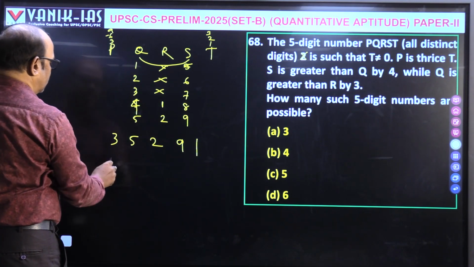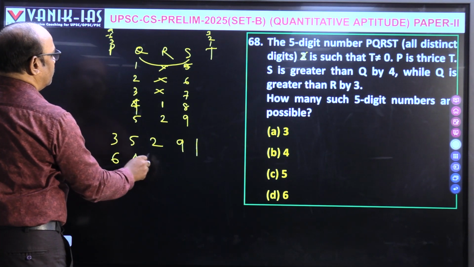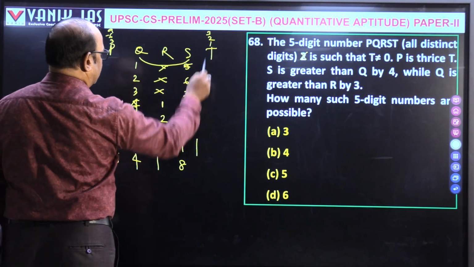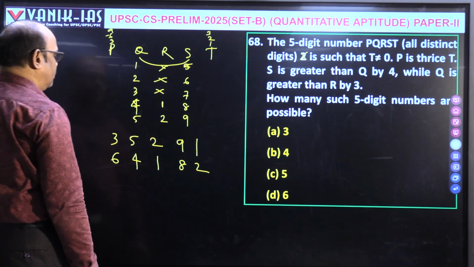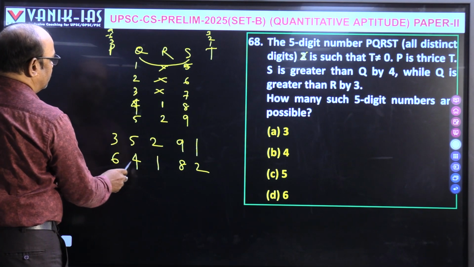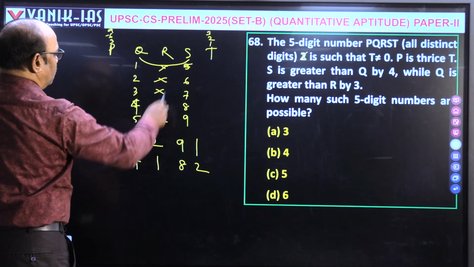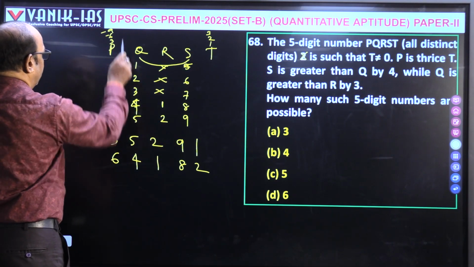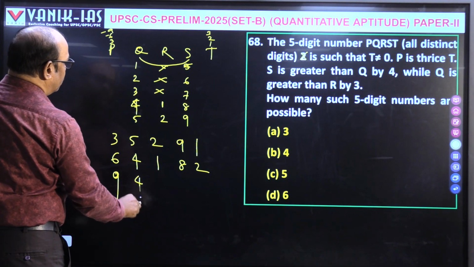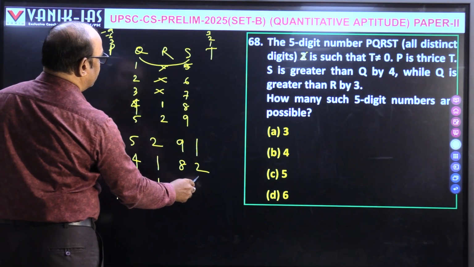Again come to 6: 6, 4, 1, 8, 2. Right, this possibility is there. Again 6, 5, 2, 9, 2 is not possible because 2 is repeated. Again 9: 9, 4, 1, 8, 3.